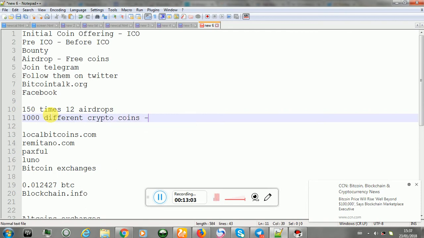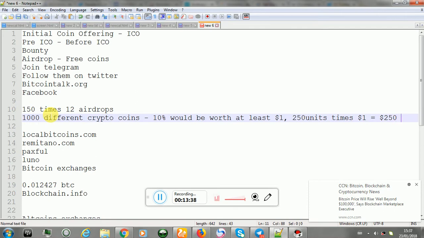No matter the value of these crypto coins, if you take them on average, let's say about 10% of these coins would be worth at least $1 each. And then imagine you have 250 units of these, 250 units each, times $1. That is already $250, right?